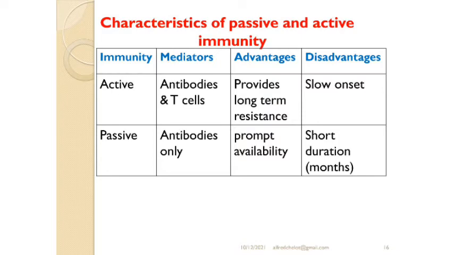The advantage of active immunity is that it provides long-term resistance, whereas the advantage of passive immunity is that there is prompt availability of the antibodies. The disadvantage of active immunity is slow onset, and the disadvantage of passive immunity is short duration. It acts within months only.